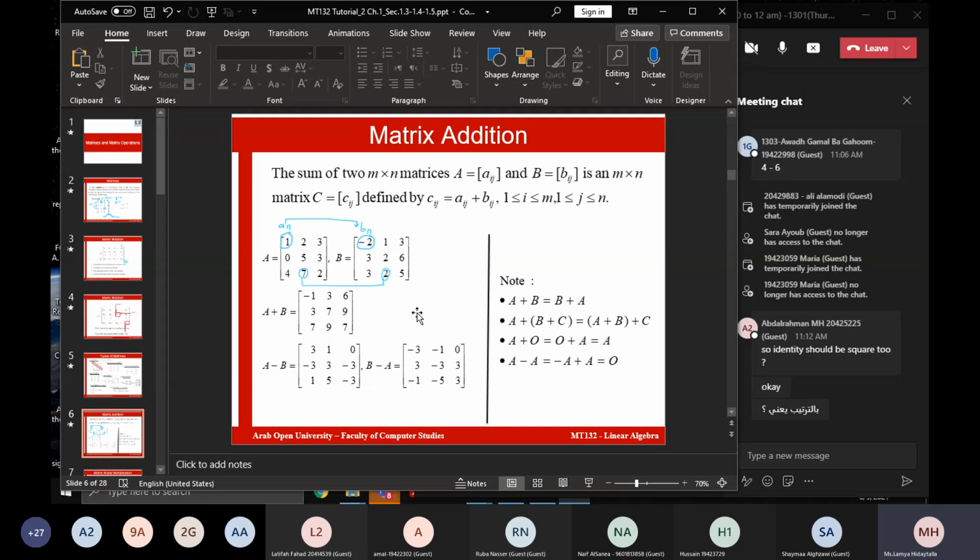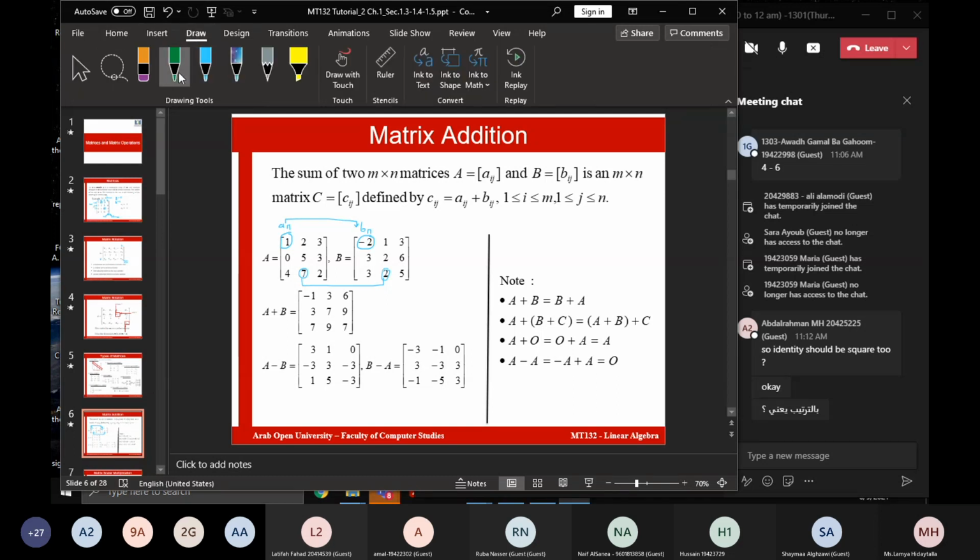What if I have 3 matrices and I want to add them? It doesn't matter. If you have a third matrix, for example A plus B plus C, where C is any other matrix, for instance 1 0 3, 0 2 1, 1 1 1. What can I do?